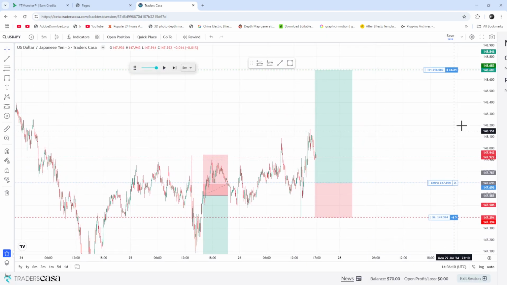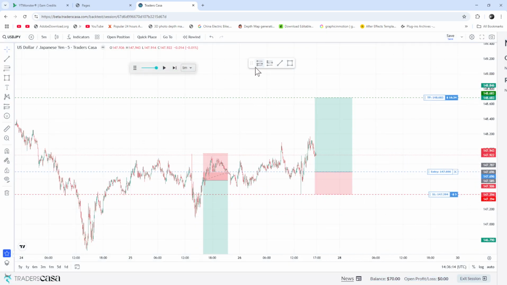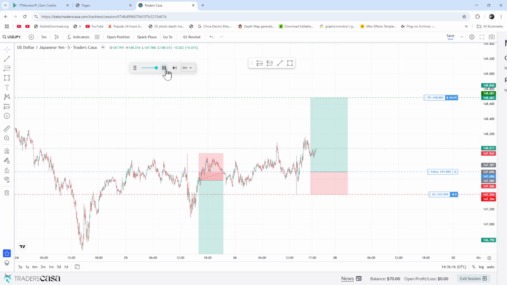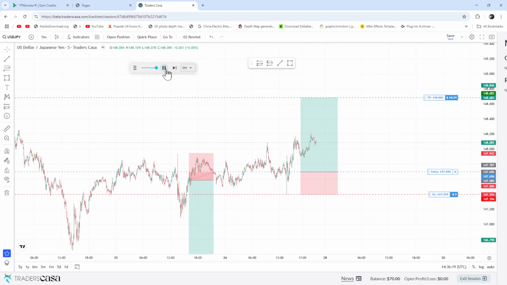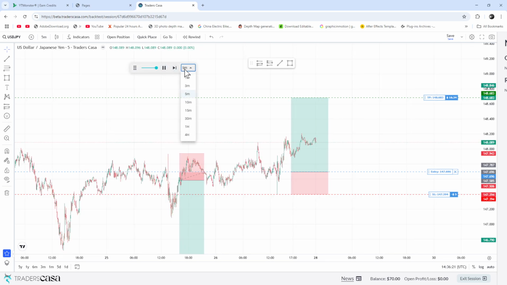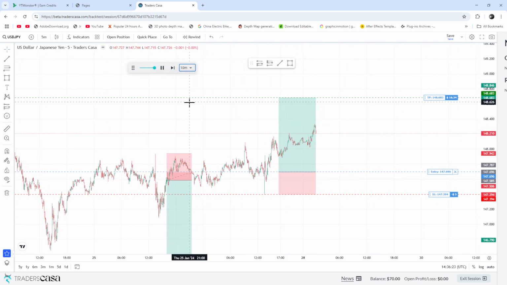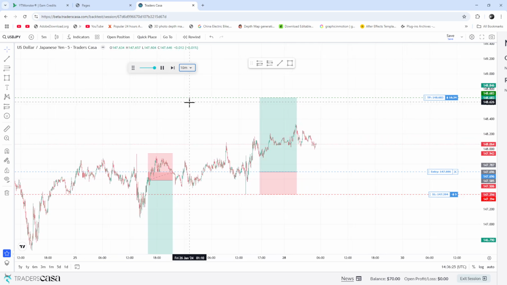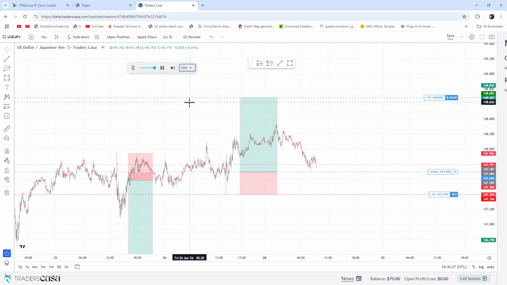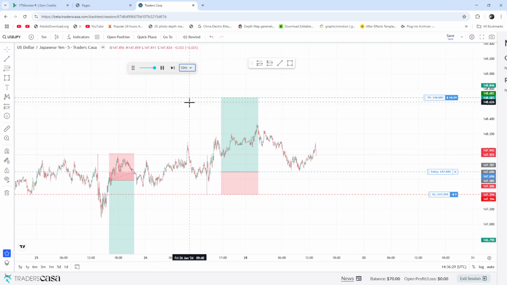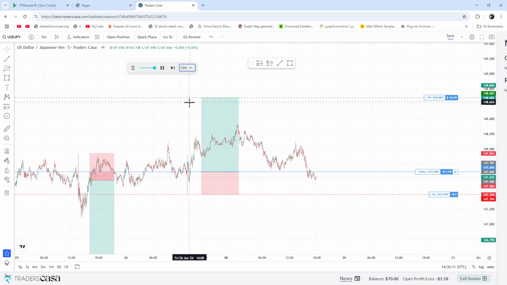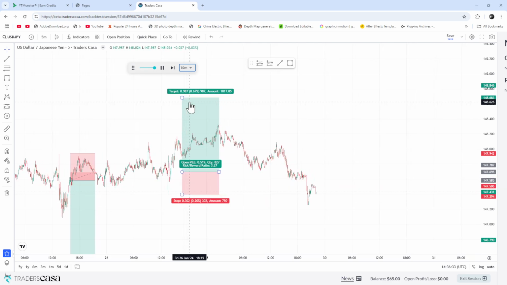So $5 to get $16. I hate this, but let's see what will happen. And the market, I think, will never come down. Let's see. The market just didn't touch our entry, and I think the market is in a downtrend now.